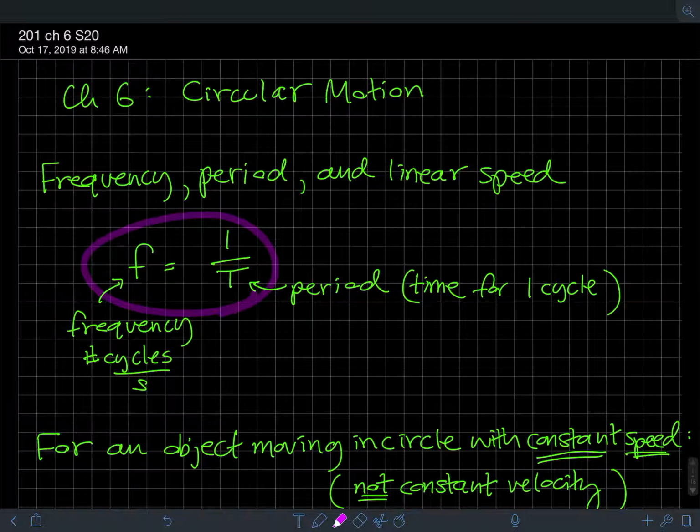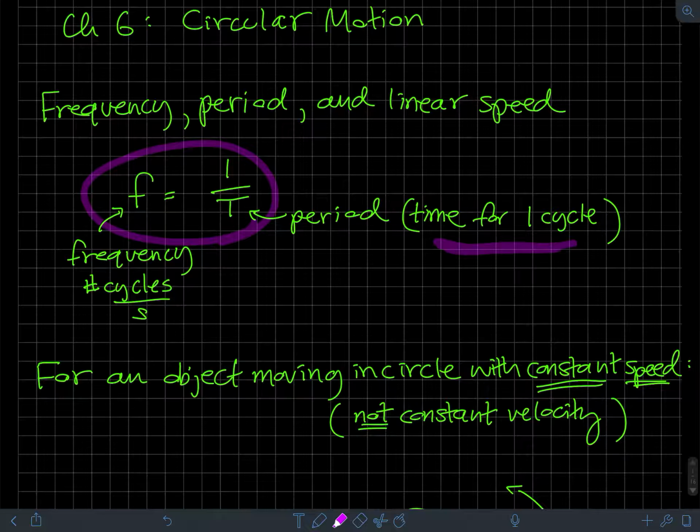And the period of motion is how long it takes for one cycle to occur. Okay, so frequency and period are reciprocals because if something happens more frequently, then it takes less time for each thing to happen.